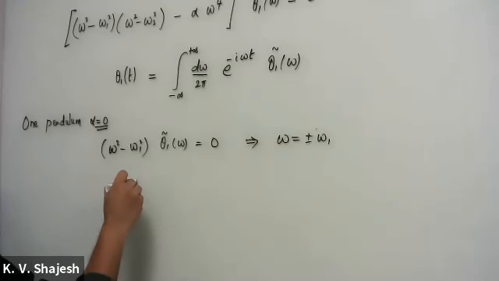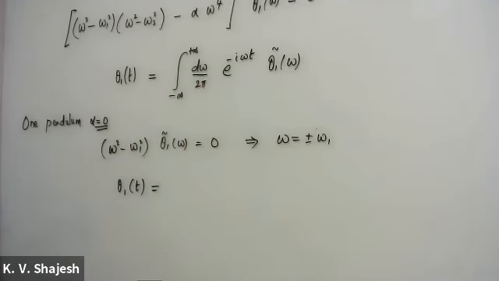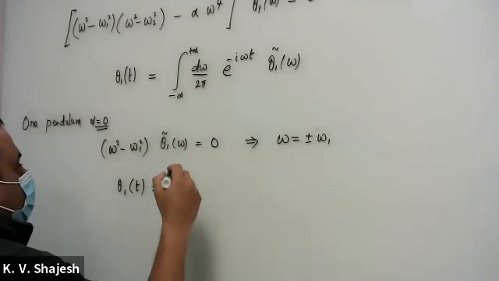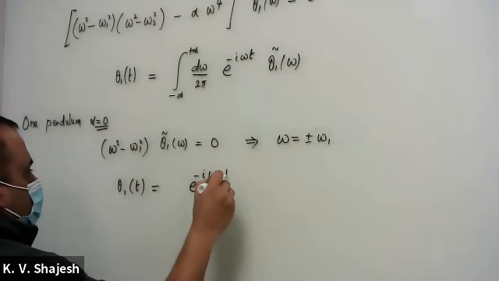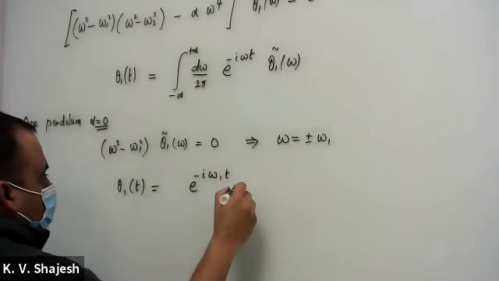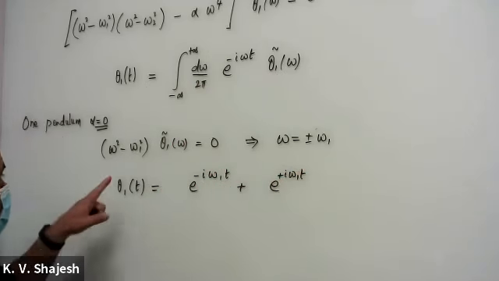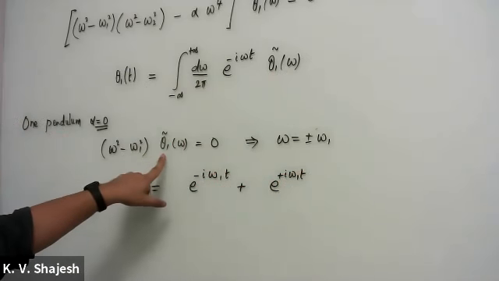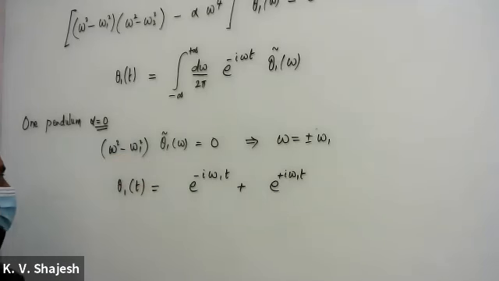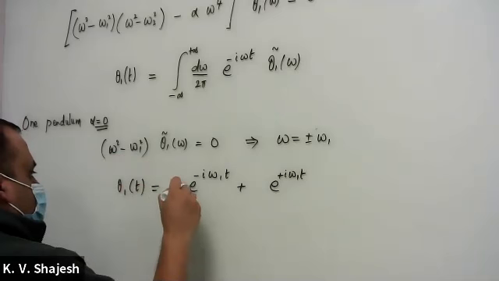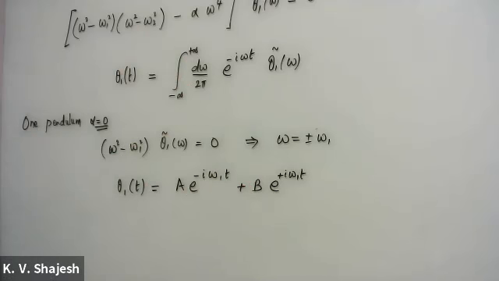And you would say that out of this whole integral, only two of them contribute, and that's equal to exponential of minus i omega 1 t plus exponential of i omega 1 t. But whenever omega is equal to omega 1, theta 1 is not necessarily 0, right? This actually will be a constant. That constant, you would say, is A and B, with the integral term there for the dimensions and other things.